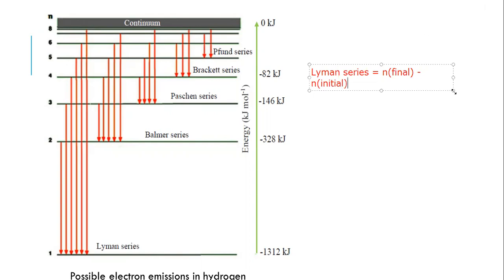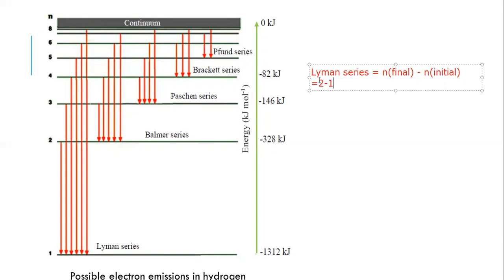When you say n final and n initial, here n final is 2. So your Lyman series is 2 minus 1, and n initial is always 1. That belongs to the Lyman series.